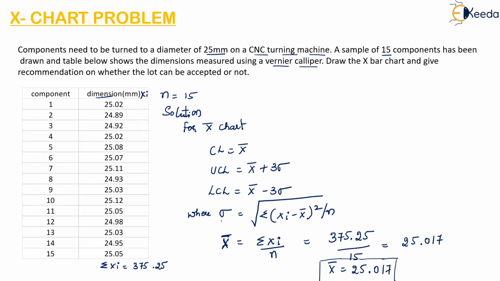Now we have to find the sigma value, or the standard deviation. To find the standard deviation, we should know the summation of xi minus X bar whole square. The X bar value is obtained and the xi values are given. So for every sample we have to find xi minus X bar whole square.